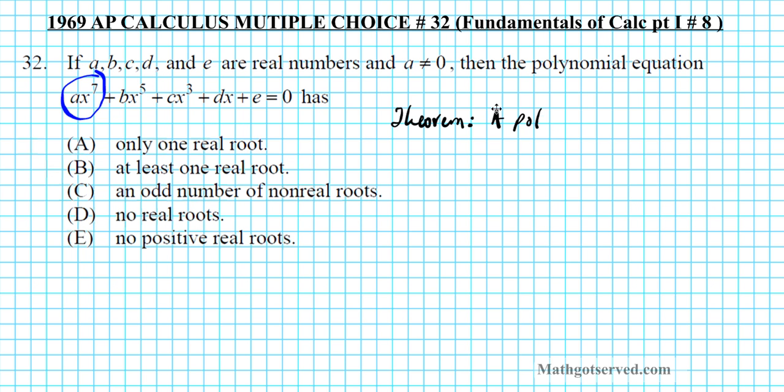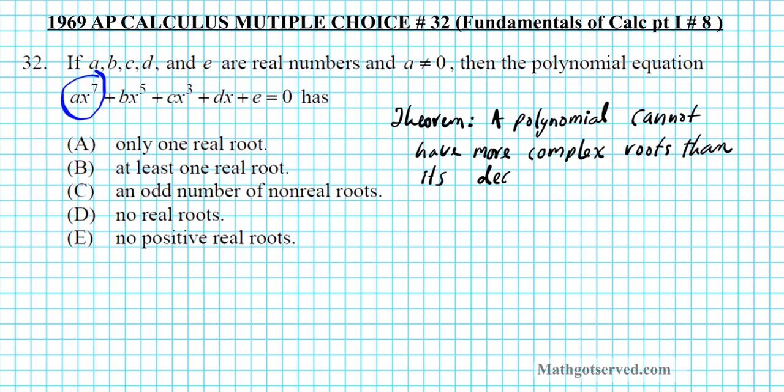A polynomial cannot have more complex roots than its degree. So what does this mean in the context of this problem? This polynomial cannot have more than 7 roots. So it has at most 7 roots.